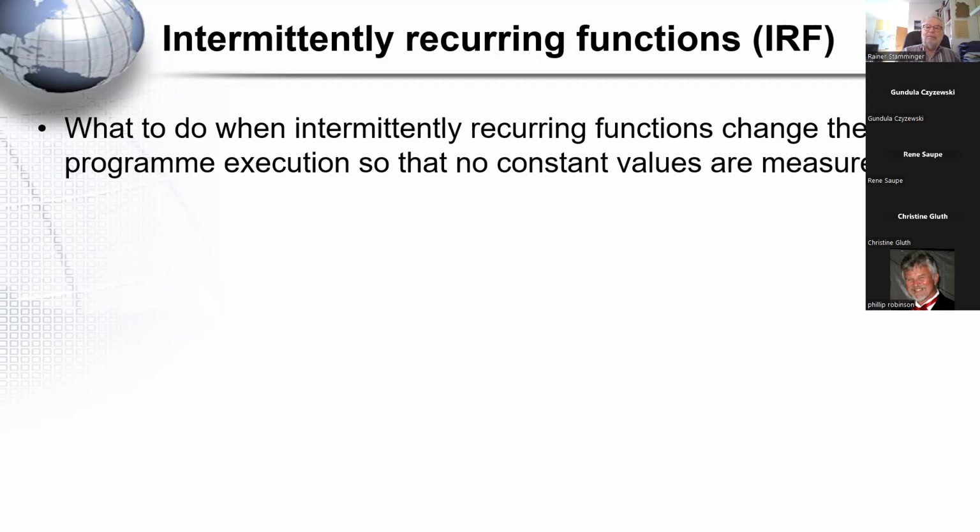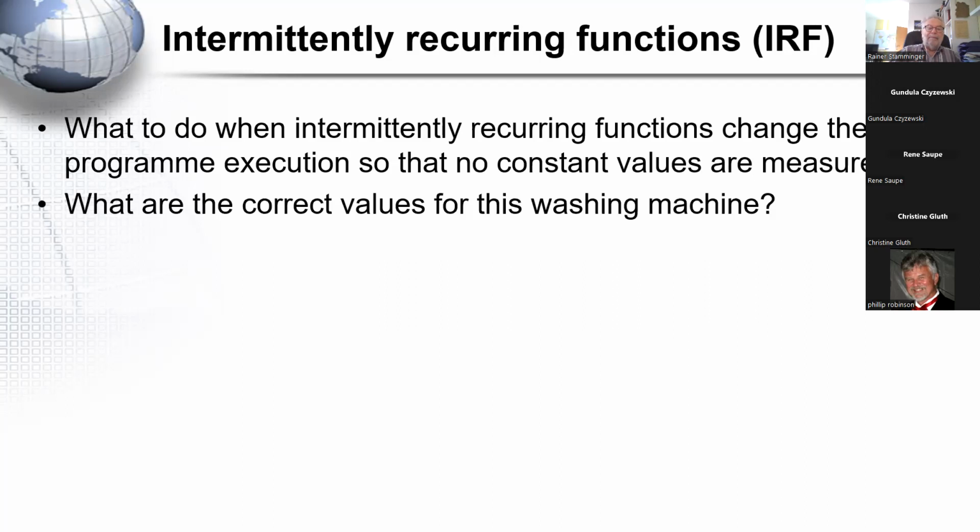So we have those functions which are more or less spontaneously happening during a program execution. When we recognize such a function, the question is, what then is the correct value for a washing machine which we are measuring in the laboratory?